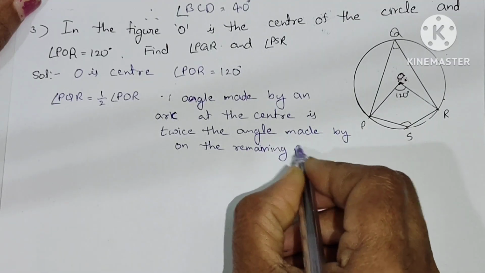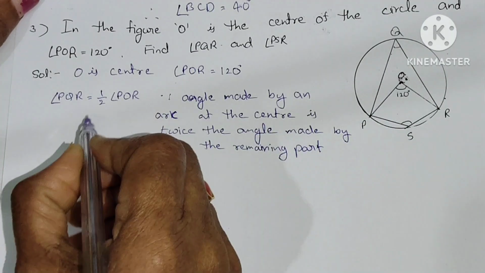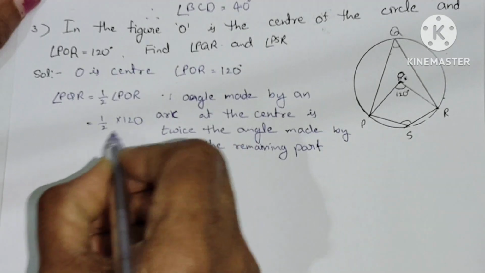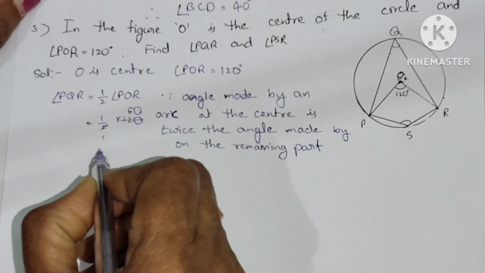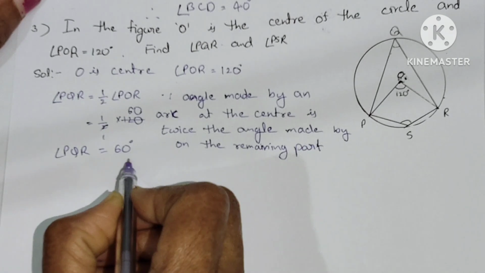Here the angle at the center is 120, so the angle PQR is half of it. So 1 by 2 into POR, which is 120. Two ones are two, so 60. Angle PQR equals 60 degrees.